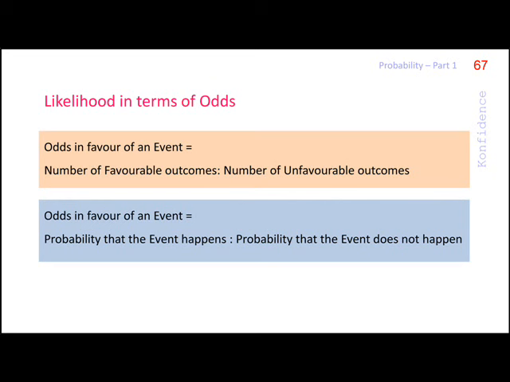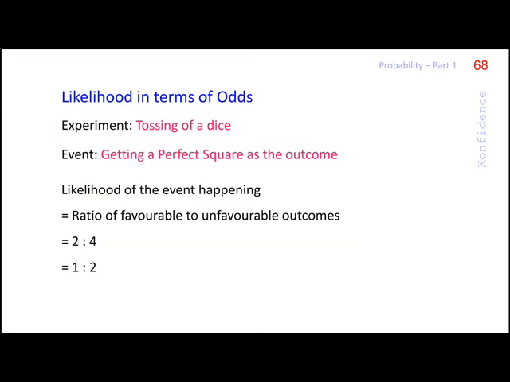There is another, not so common way of expressing probability in terms of odds. This expression is the ratio of number of favorable outcomes to the number of unfavorable outcomes. Alternatively, it could also be taken as the ratio of probability that the event happens to the probability that the event does not happen.